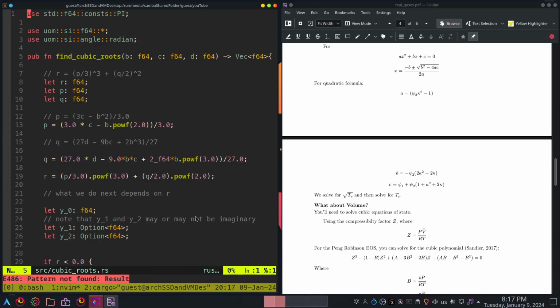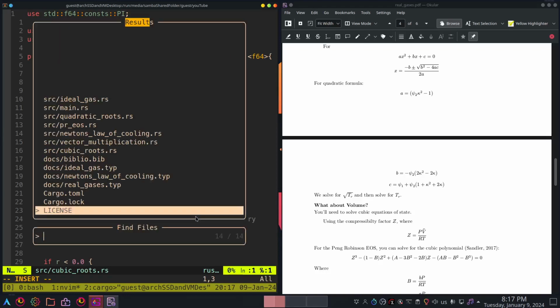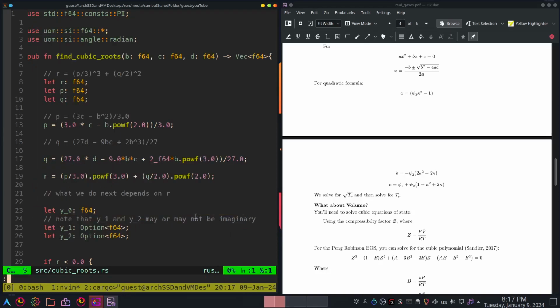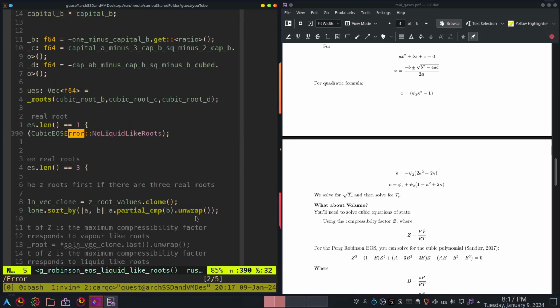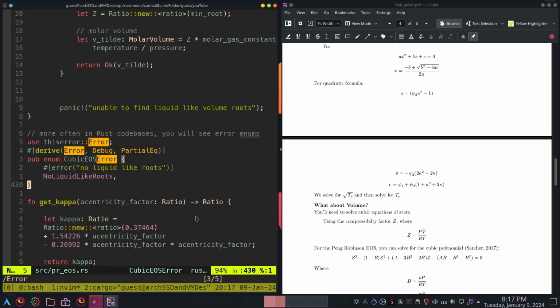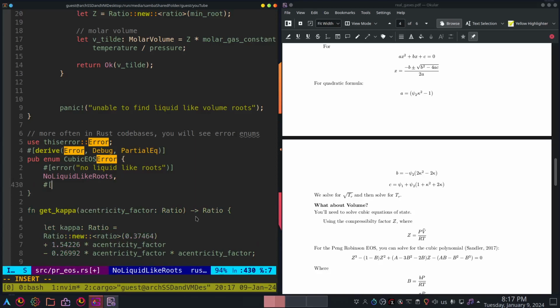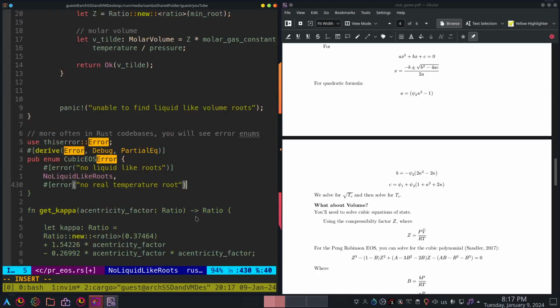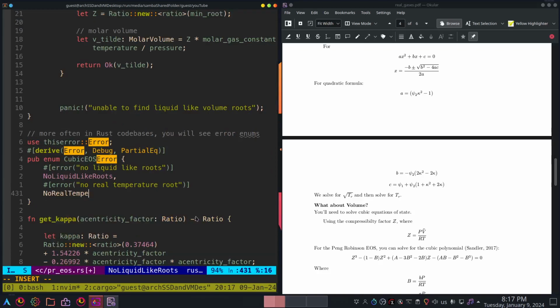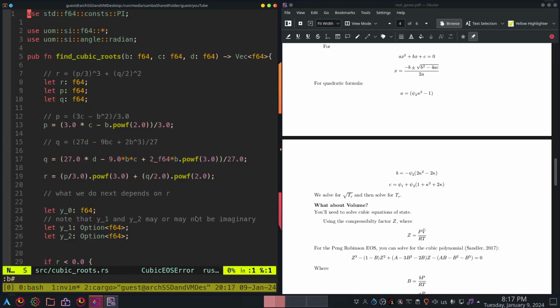I don't have that here. I'm looking for the error that I coded in before. So let me look at the error. Cubic EOS error. So I can put down here an error: no real temperature root. That's something you likely will not encounter. But this is the cubic EOS error I wanted to import.